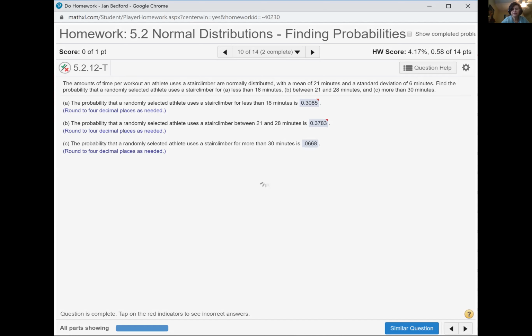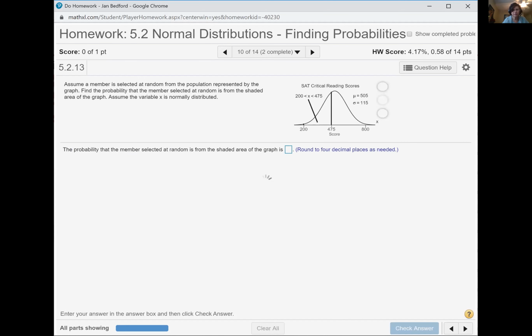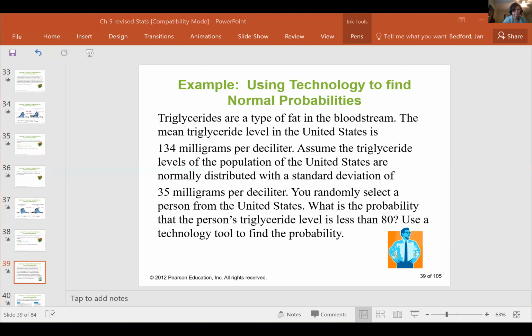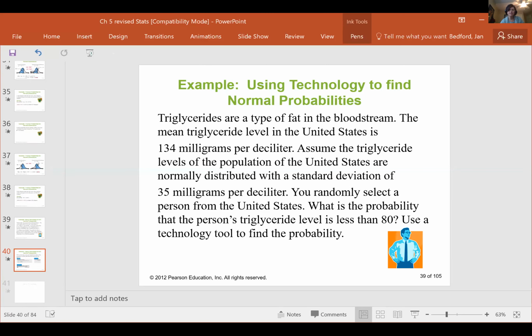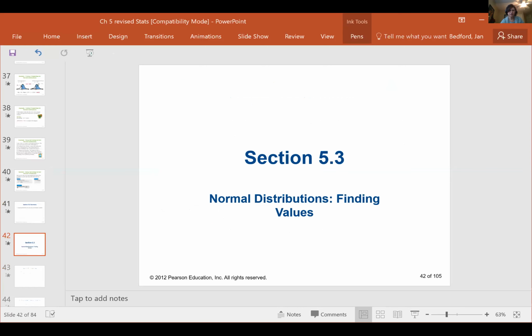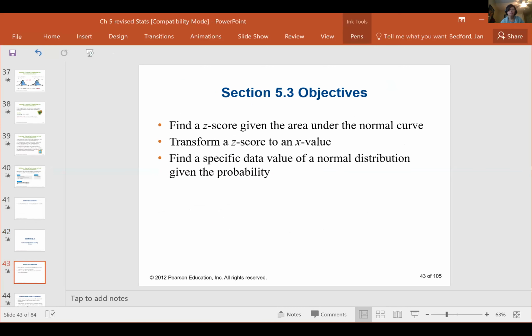I want to show you 5.3 real quick, and you can go back and watch the video to fill in the blanks. But what we're going to do is basically come at this from the opposite direction. In other words, if I give you a probability of something occurring, you're going to have to come up with the Z-score or the X-score that would go with it.